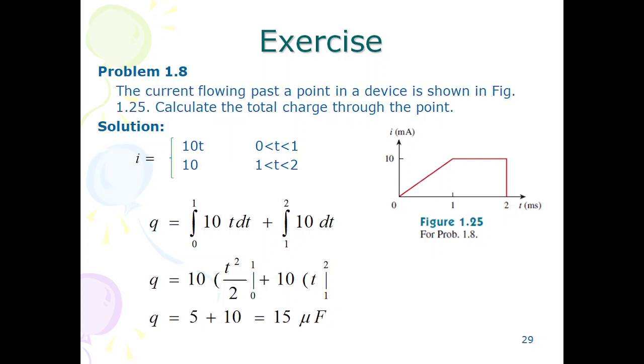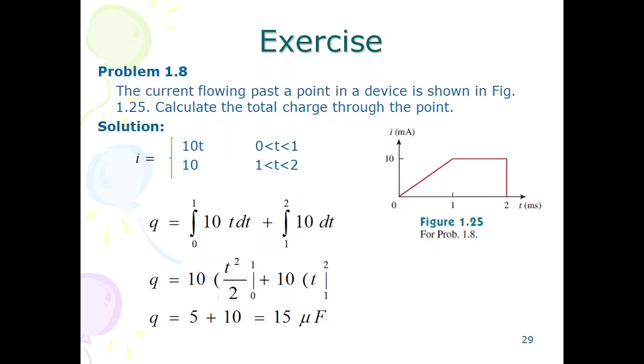Now come toward another practice problem of the exercise. Here we have to find out the total charge, and the wave shape is given as current flowing through a certain device.